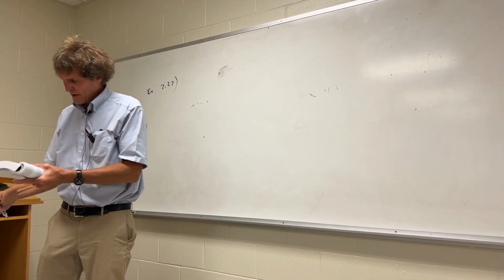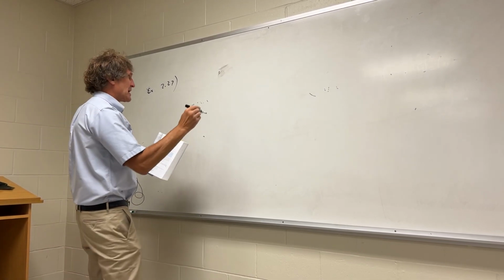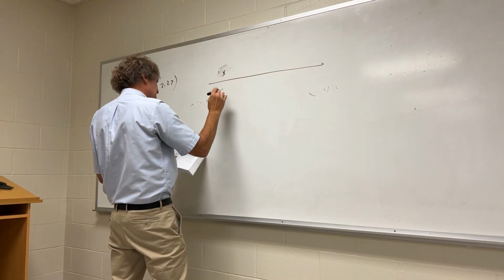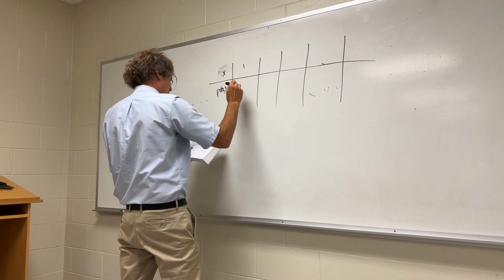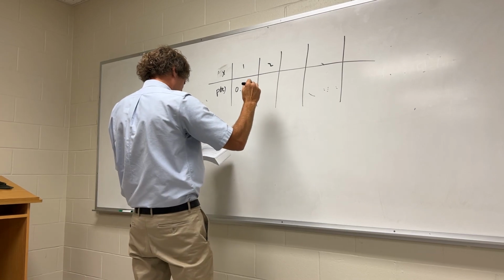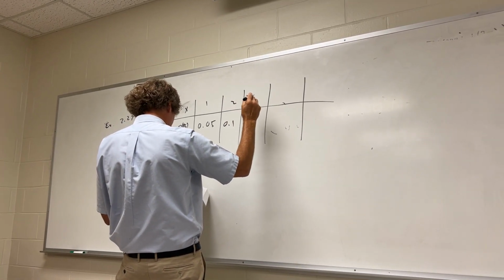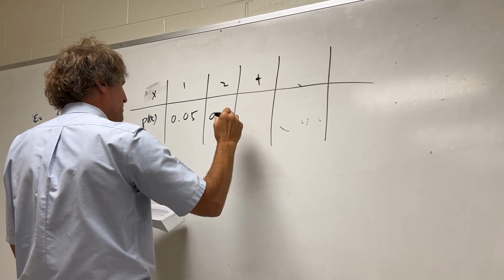So for this problem, and I'm gonna ask you some other things that are a little more complicated, they give you X and then probability of X. For X equals 1, it's 0.05. For 2, it's 0.1. For 4, it's 0.35.